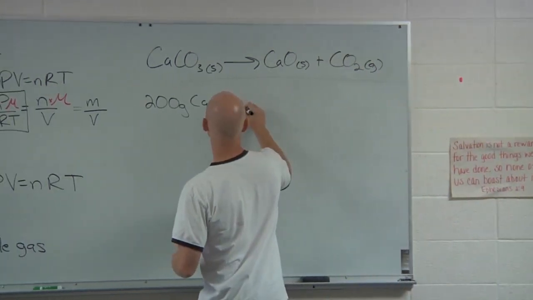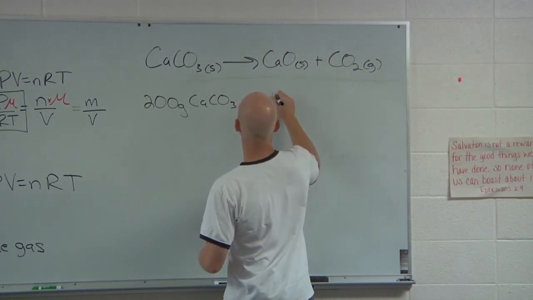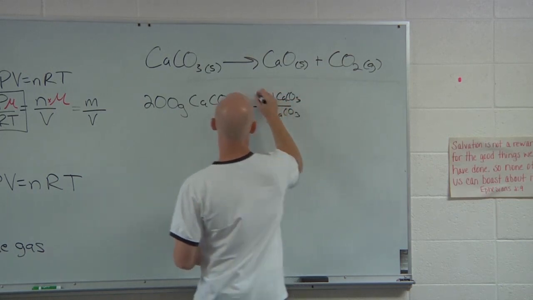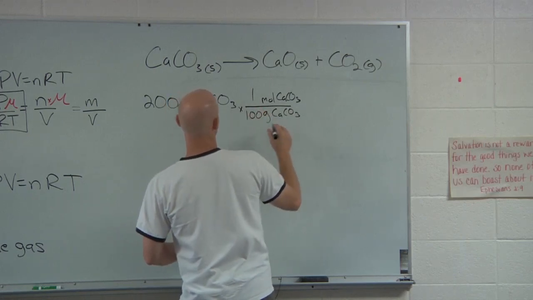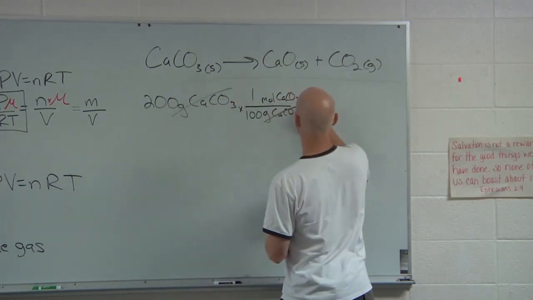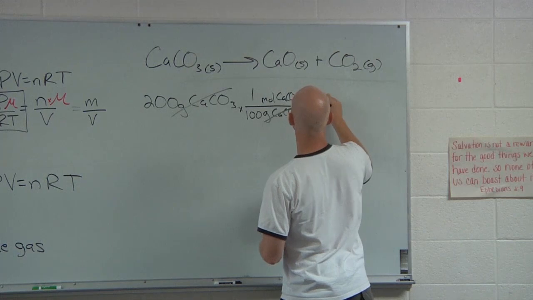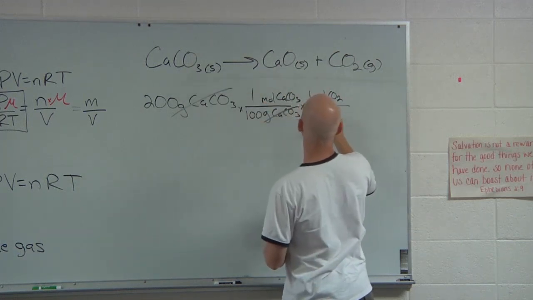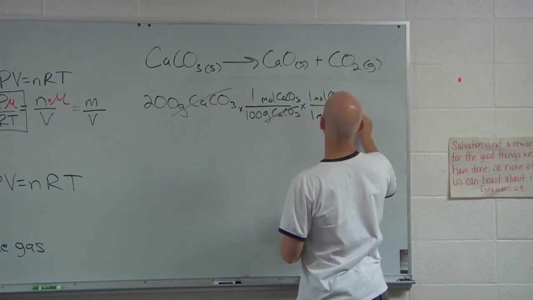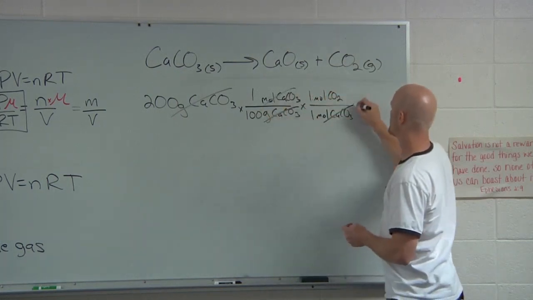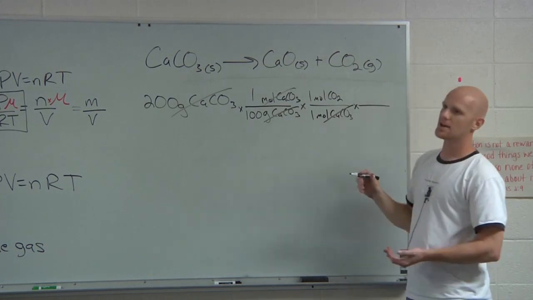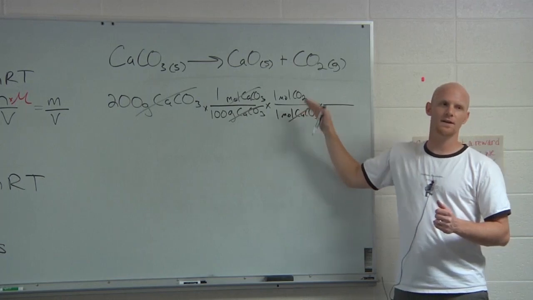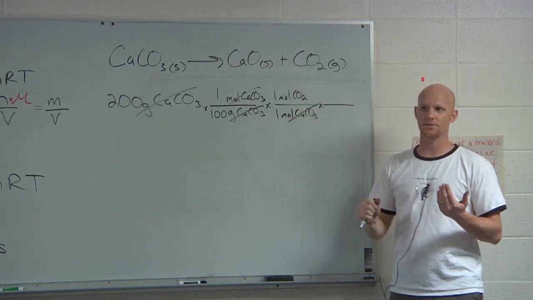So the way this calculation overall would end up looking is that we'll convert to moles first. And again, 1 mole of calcium carbonate weighs 100 grams. And then I can convert that to moles of whatever the gas is, in this case CO2. And it's a 1-to-1 ratio. 1 mole of CO2 is produced from 1 mole of calcium carbonate. And again, if I didn't have STP, I would stop the calculation here, solve for n, and plug that in for n in PV equals nRT.